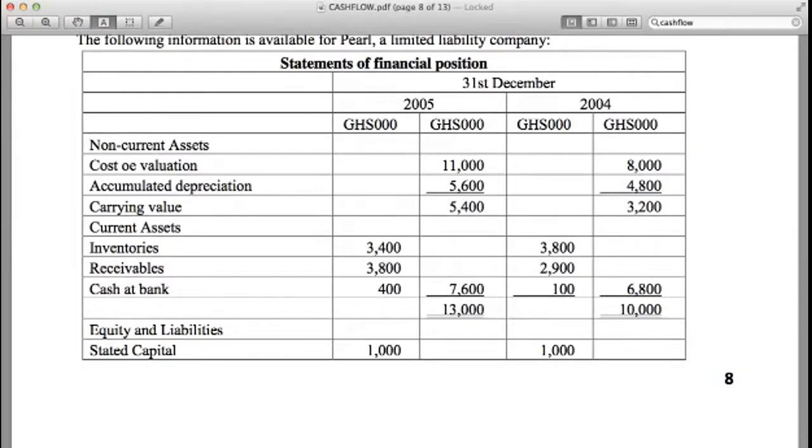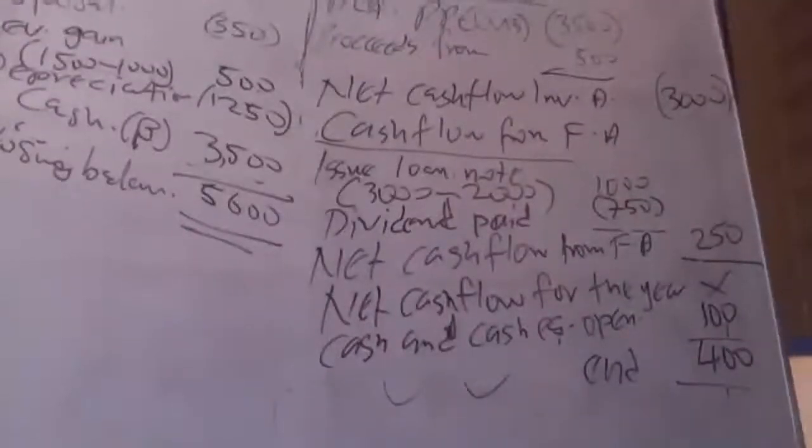So have you seen? Please take note where I pick the figures. Tomorrow's question, I'll do more about this, because sometimes I have to do some workings on this cash and cash equivalent. So the closing balance is 400. Have you seen where I pick it from? Current year financial statements. Open balance is what? It's 100. Good. Now when you get this, you are fine. It has balanced for you.